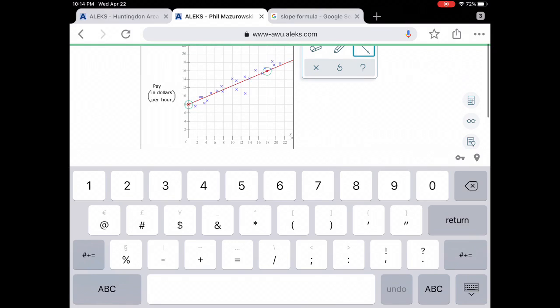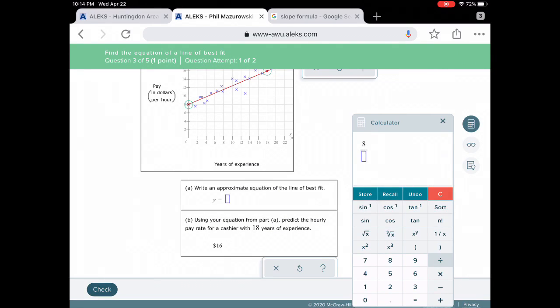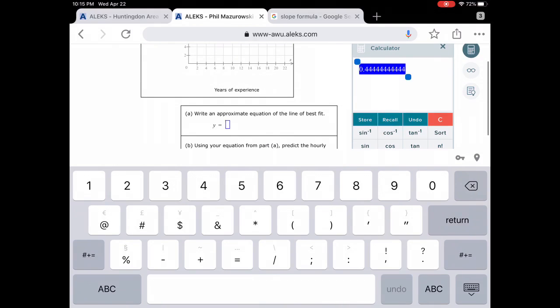From 8 up to 16, we're going up 8, and we're going over 18. So I'm just going to take my calculator real quick. 8 divided by 18 gives us 0.44 repeating. So I'm going to go ahead and estimate this here.